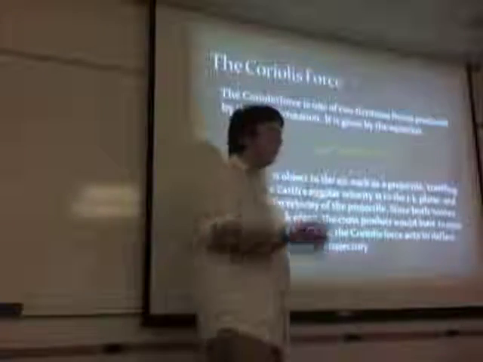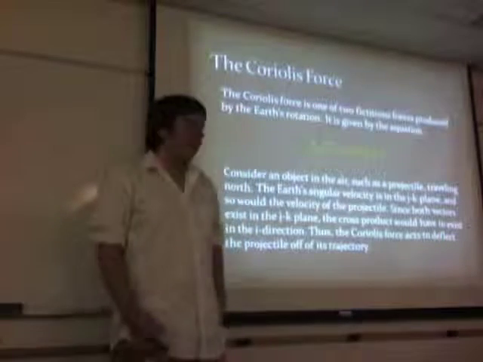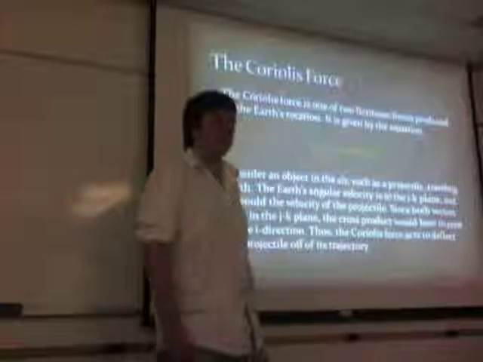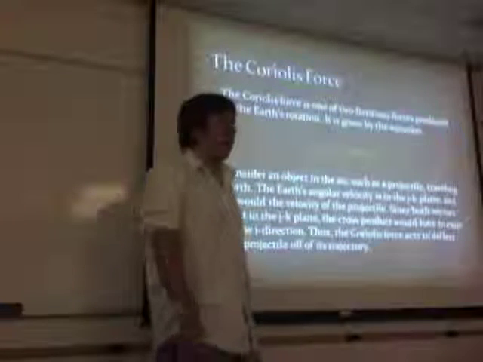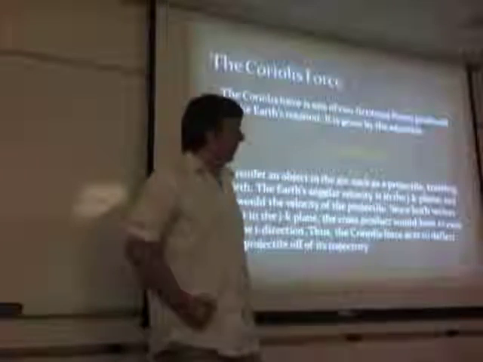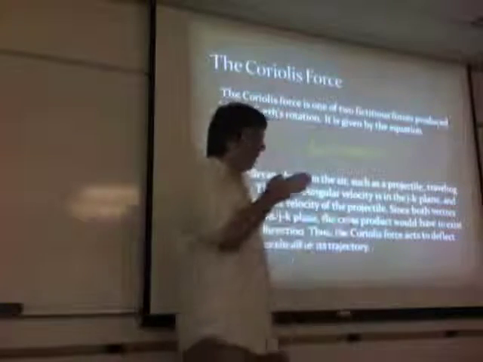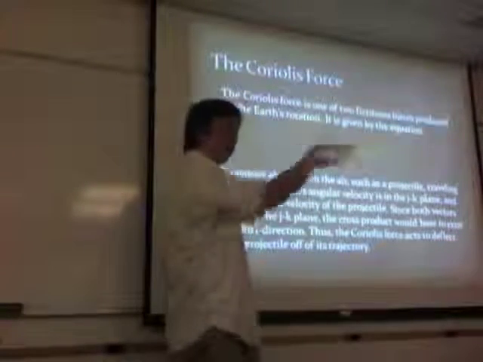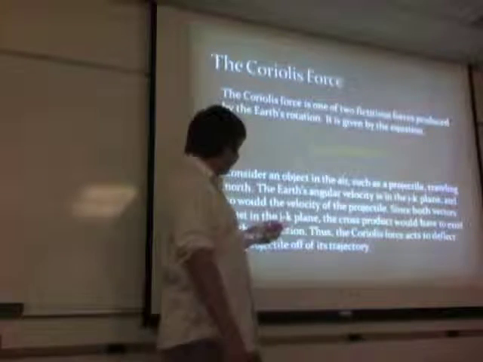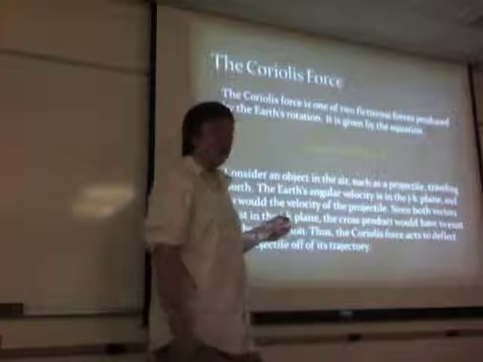But projectiles, most people know, or I don't know if most people know, but I see a lot of people know that snipers, for example, who are trying to shoot up to a mile, their calculations have to take into consideration the Coriolis force. Because if the object is moving in a direction, let's say towards the North Pole, going up and coming down, its velocity is in the JK plane.